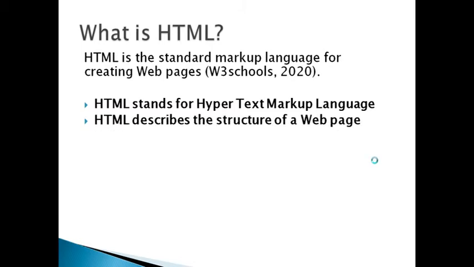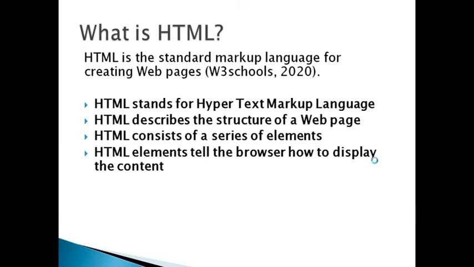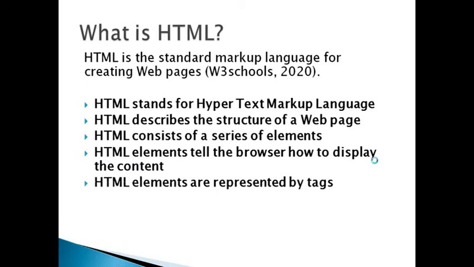HTML describes the structure of a web page, and it consists of a series of elements. So what are these elements? They tell the browser how to display the content of a page. Now HTML elements are represented by tags, what we call commands in Microsoft Disk Operating System, or command prompt. As for HTML, we call them tags.